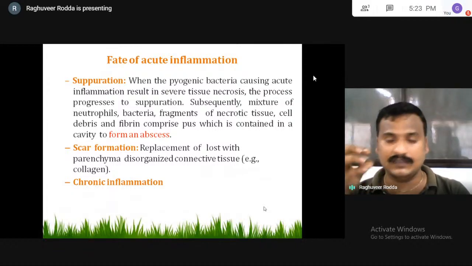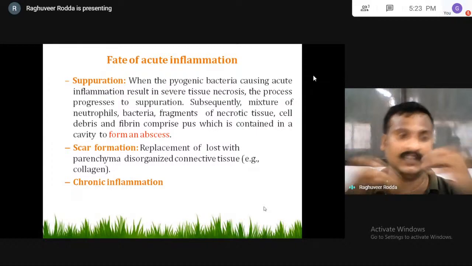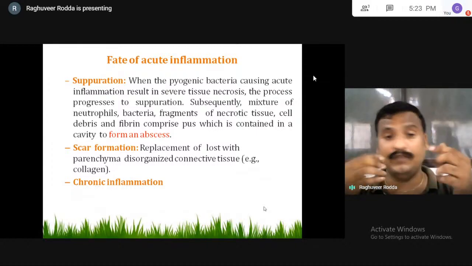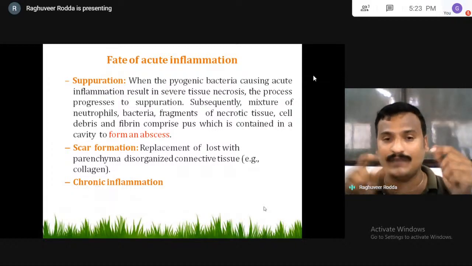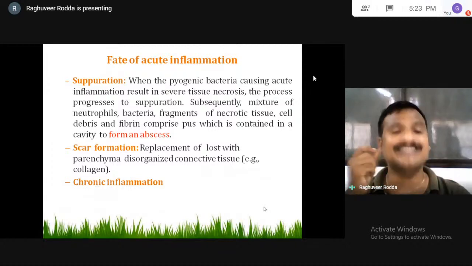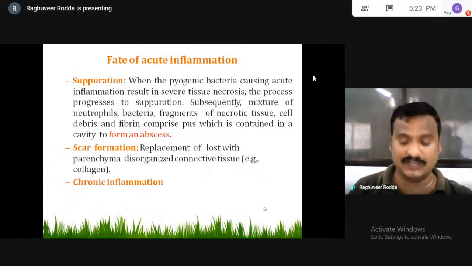Whatever damage happened to the infected cell or infected organ will be replaced by new cells, which will be slightly different cells from the surrounding organ cells. That is called scar formation, or sometimes it leads to a chronic inflammation condition.